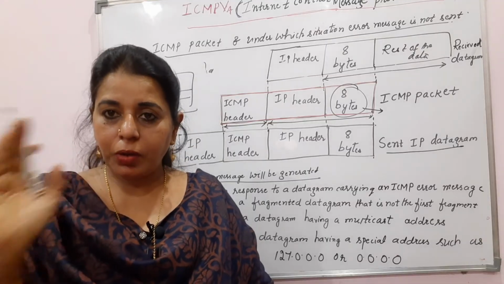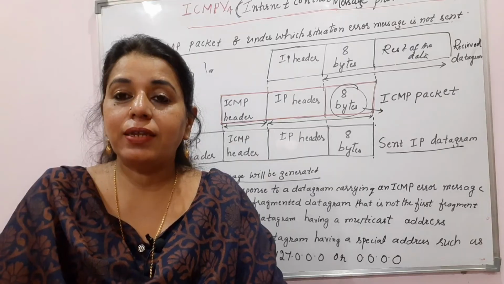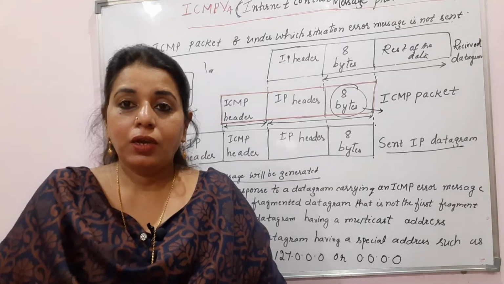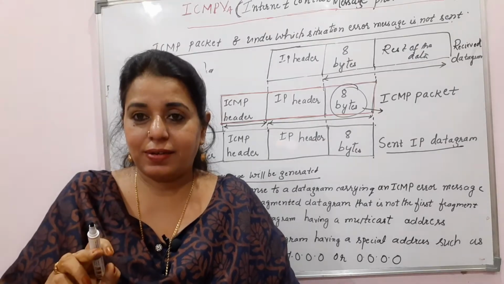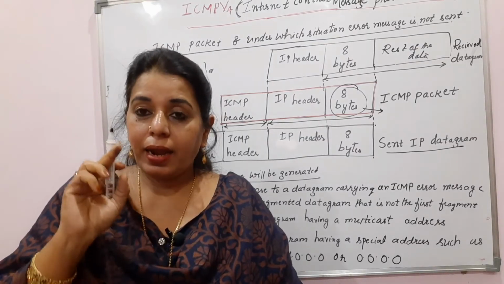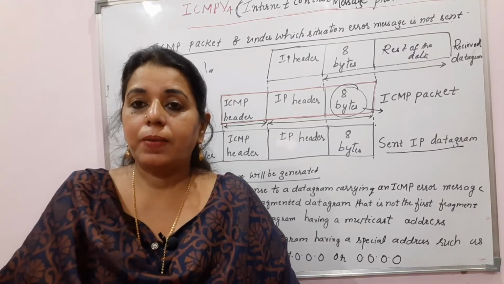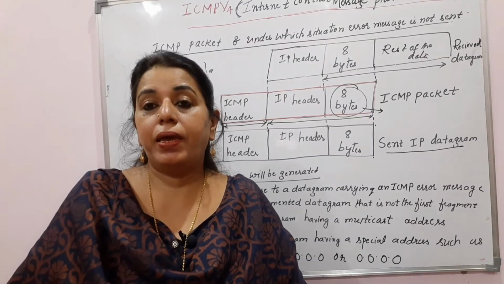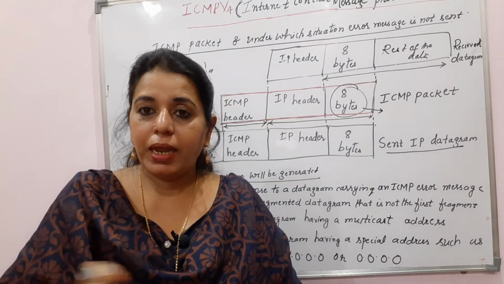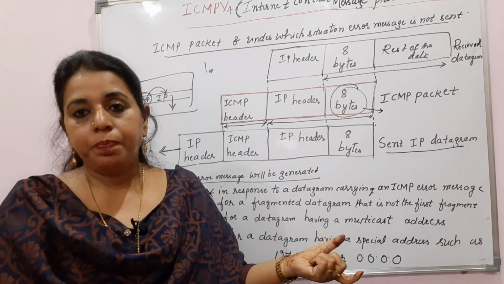Just one person communicating with one is unicast; one person communicating with many at the same time is multicast. So if the destination address in the packet is a multicast address, that means the IP datagram is intended to be sent to several recipients at the same time. In that case also there will not be any ICMP error message generated. It is mainly for 1-to-1 communication that ICMP error messages are generated.